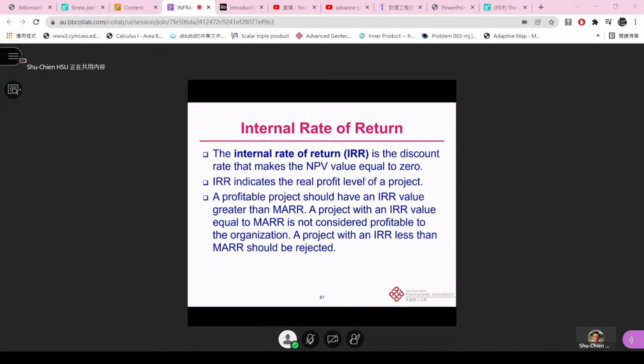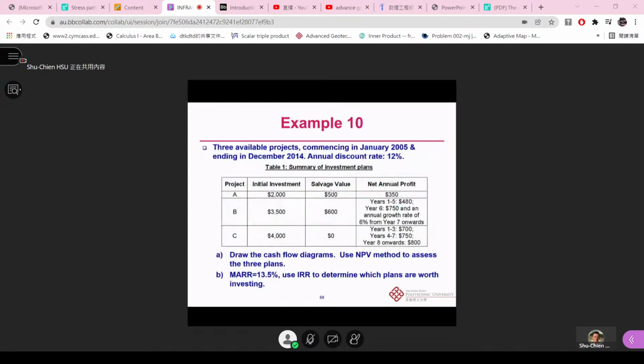So they can define that a project should be higher than the MARR of the company so that it can be seen as profitable. A project with an IRR equal to MARR is not considered profitable to the organization. It should be higher. A project with an IRR less than MARR should be rejected.